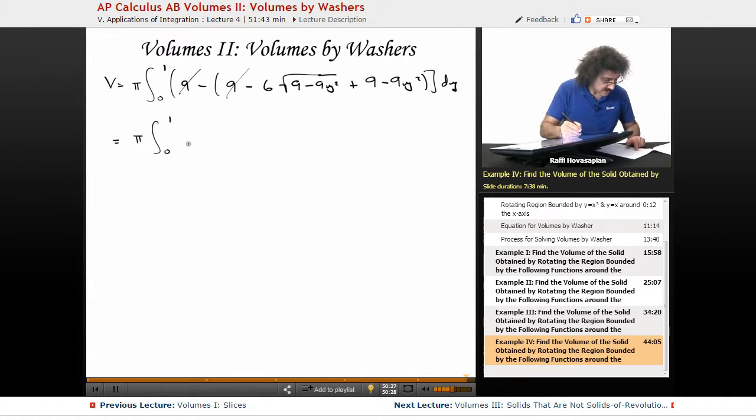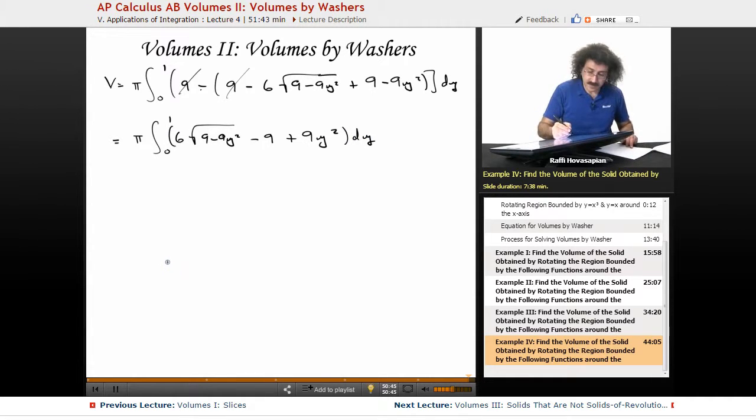This 9 and this 9 cancel. Negative sign, this becomes 6 times the radical of 9 minus 9y squared. This becomes a minus 9, and this becomes plus 9y squared dy. I just go ahead and plug this into my calculator, and I get 8.14. That's my volume.